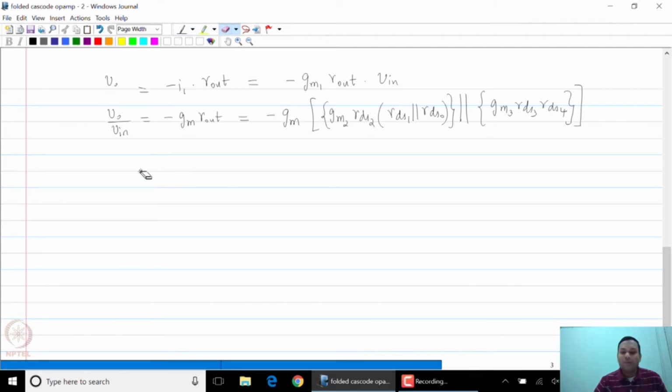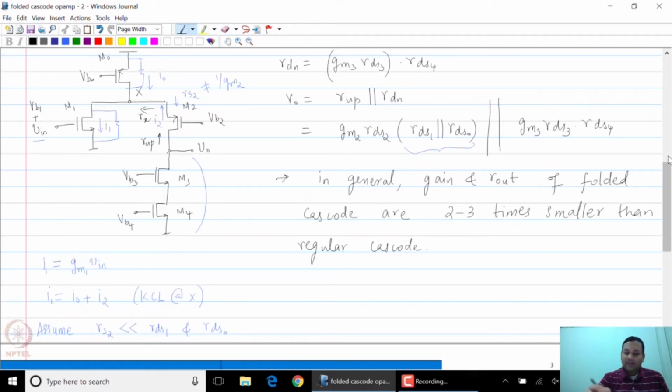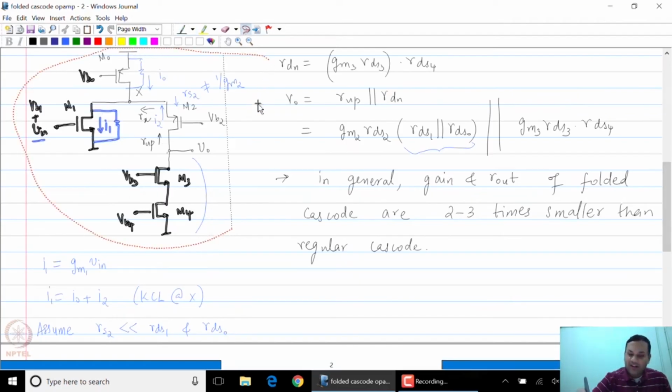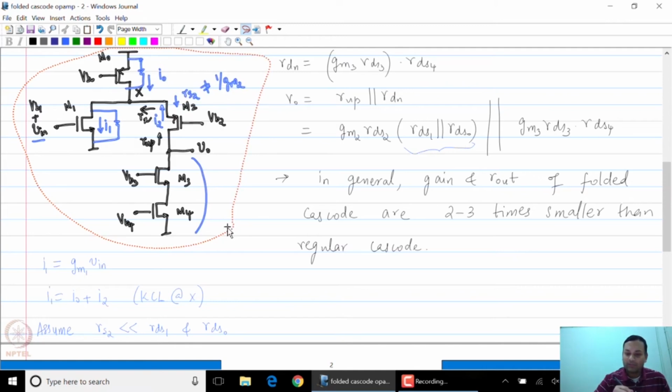So now let us look at the noise performance of this particular cascode structure. Let us first make a copy of this particular amplifier so that we can analyze it for noise.